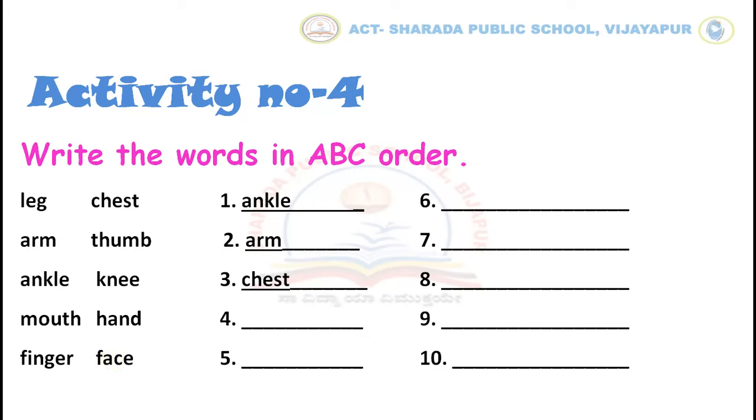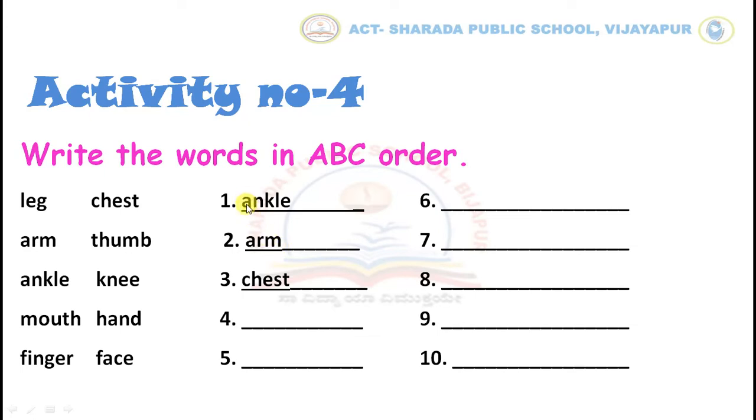Now, you have to write these words in alphabetical order. For example, ankle, arm, chest. Why have I written ankle first, arm second?